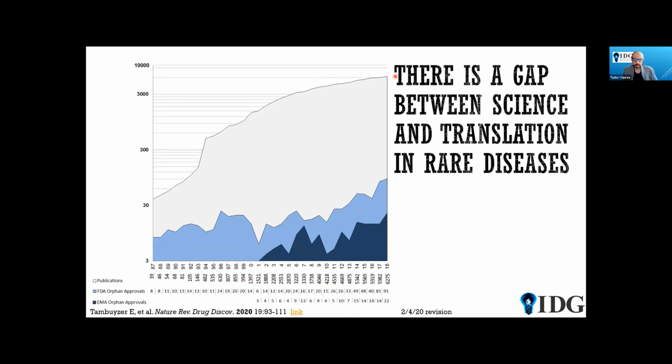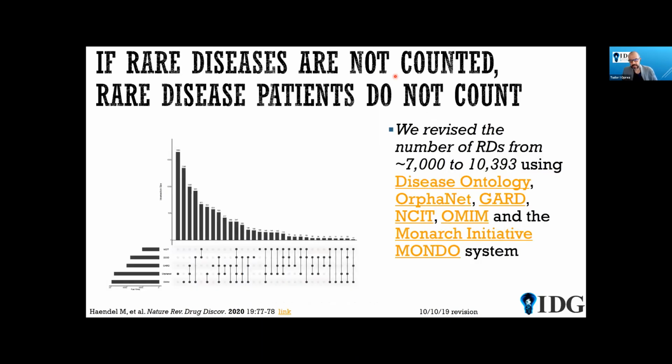And part of the problem is, of course, our definition of rare diseases. So we struggle with this. And one of the recent efforts we did together with the Monarch team, led by Melissa Handel, was to ask the question, how many rare diseases are out there?